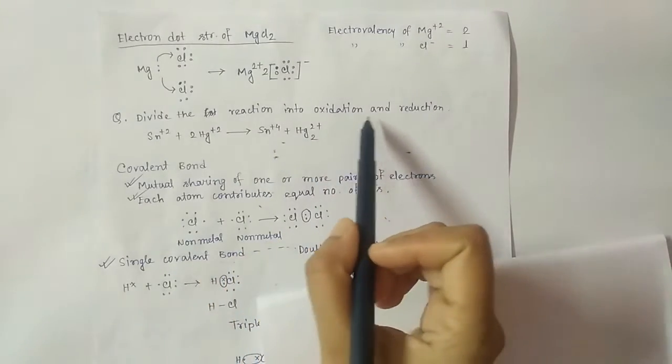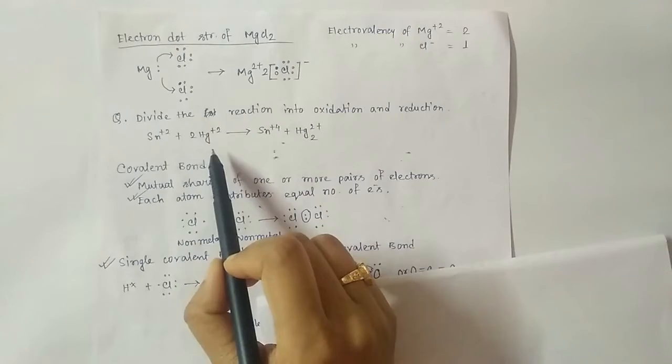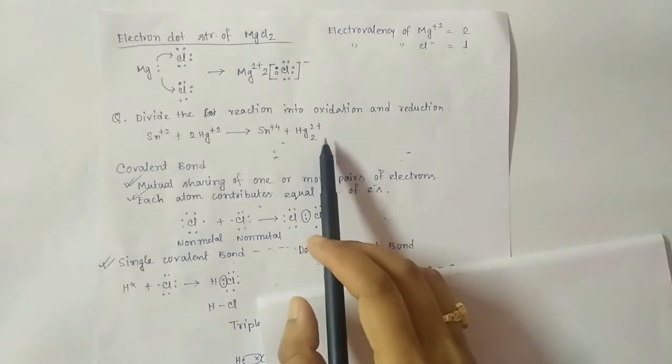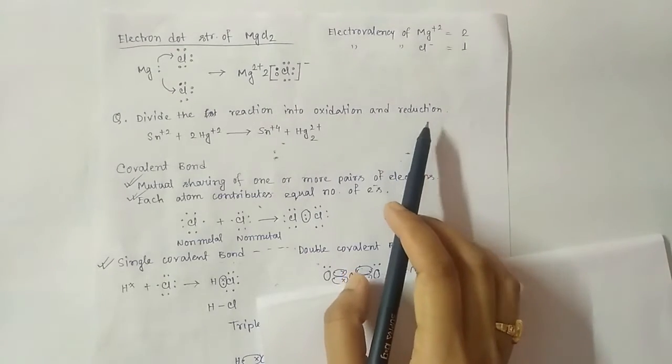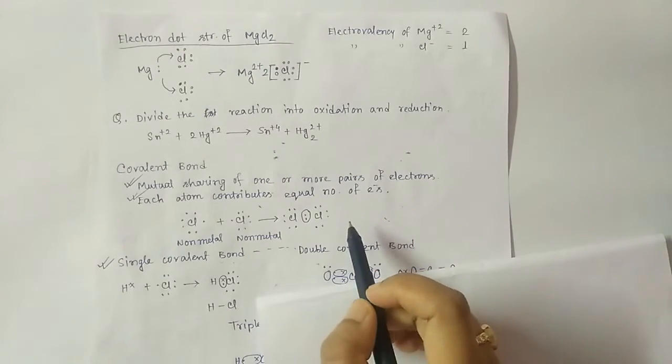Divide the reaction into oxidation and reduction: Sn2+ + 2Hg2+ → Sn4+ + Hg2^2+. So what is oxidation and reduction? I have told you earlier that oxidation is where there is an increase in oxidation state.